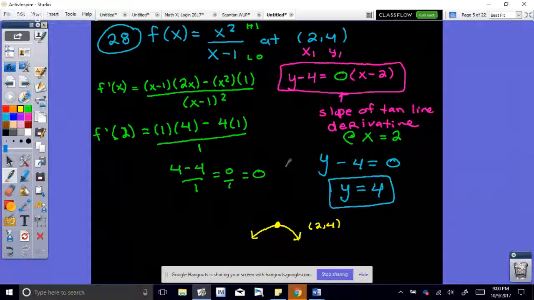What we expect to happen is, we have a 0 slope, which means the tangent line is going to be a horizontal line. Again, the function is not a horizontal line, but the tangent line should be a horizontal line, which means the graph is going to have some sort of turn or something that's going to make that happen.